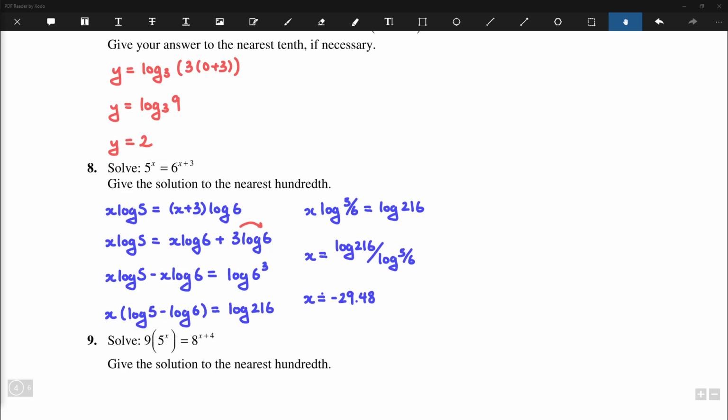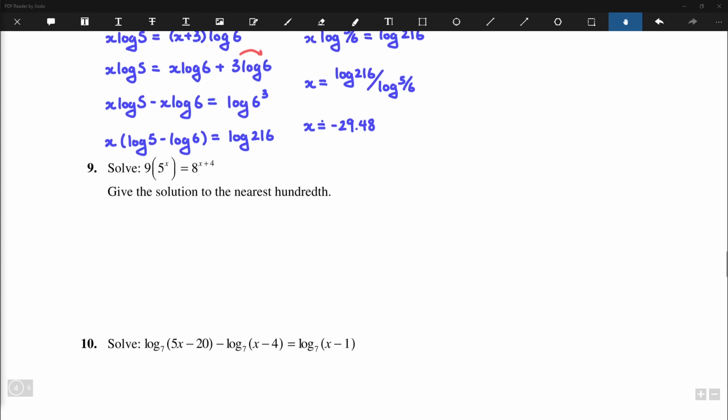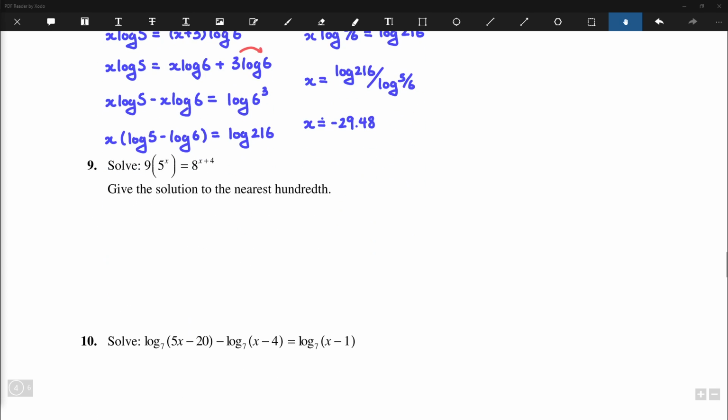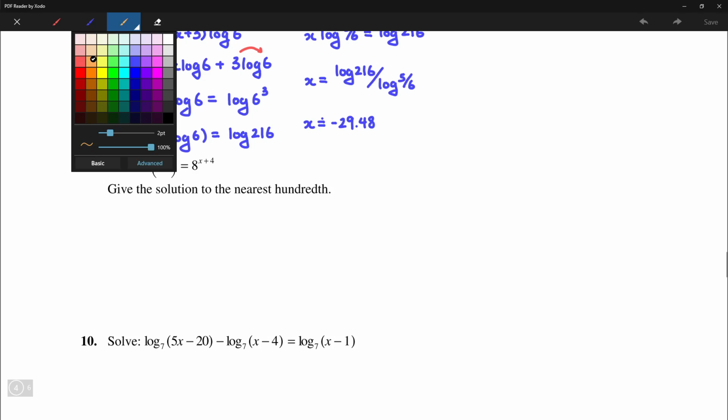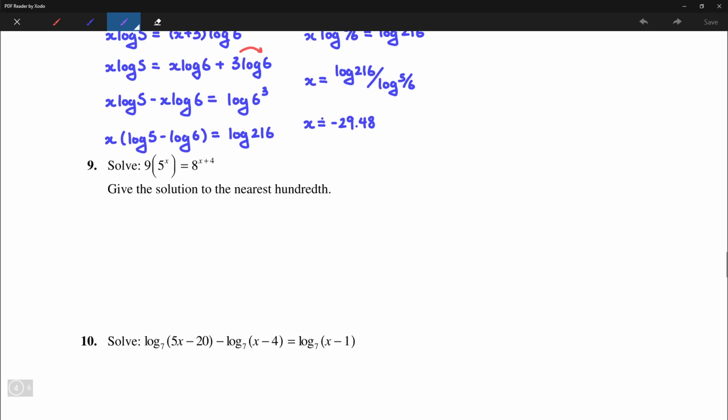Let's move on to number 9, a similar question. So again, we'll begin by taking the logarithm of both sides.